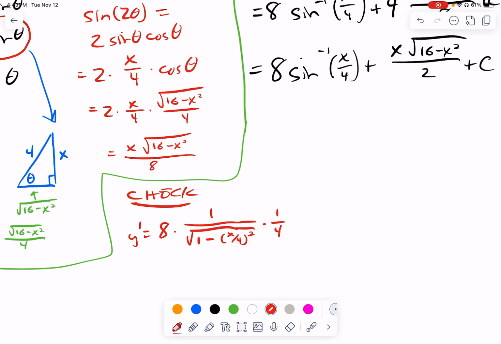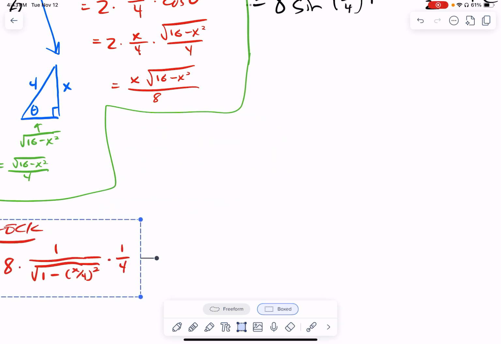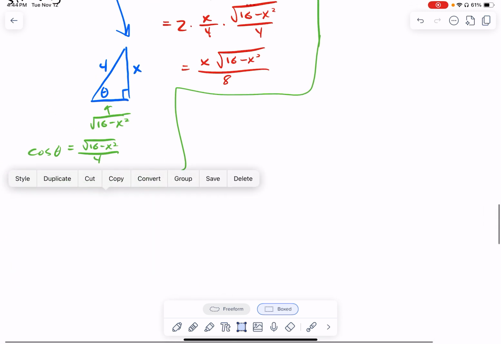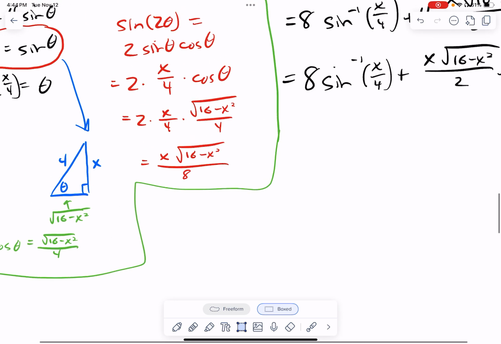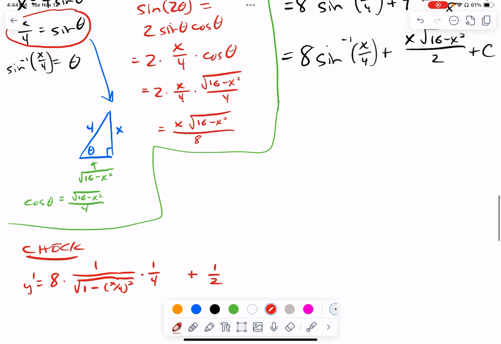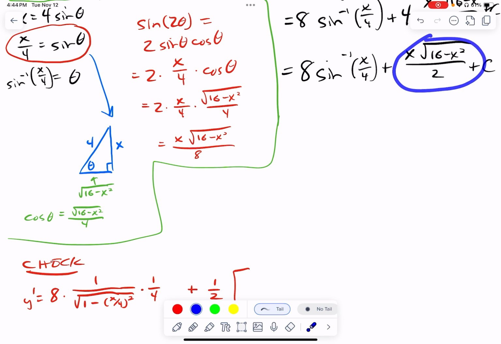For the rest of it, I'm actually going to move this because I think I'm going to need a ton of room. For the rest of it, I'm going to just factor out a 1/2 and do product rule on these two things.